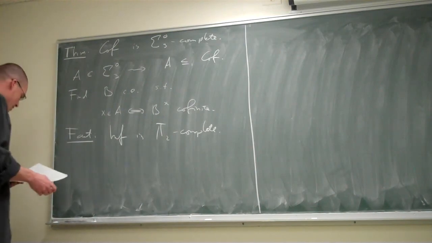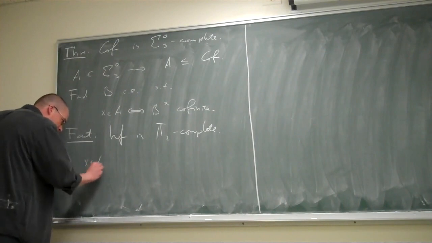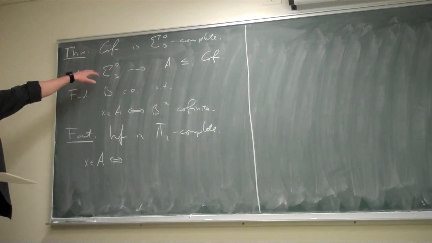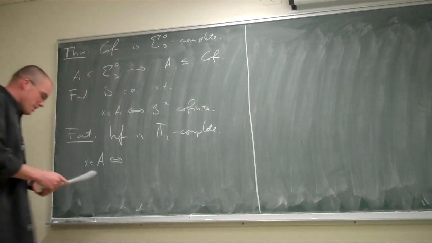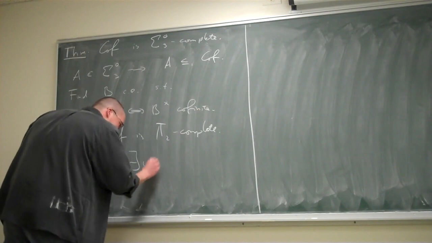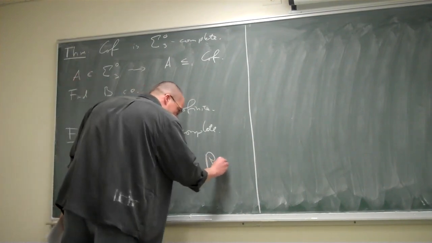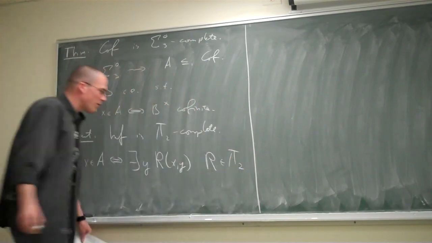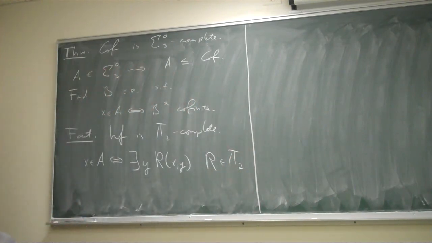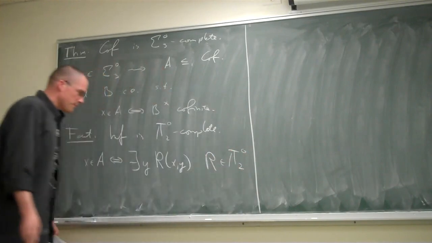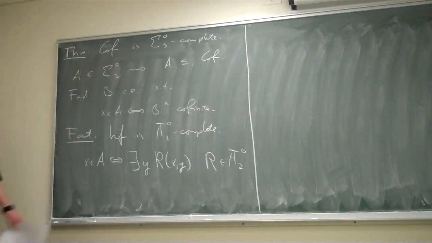And how does this go? Well, we assumed A is sigma 0, 3. What does it mean? It means it is of the form there exists a y, R(x,y), where R is in pi 2. I should again be consistent in whether or not I leave out the super zero, so let me just put it in. But this is what it means to be sigma 0, 3.